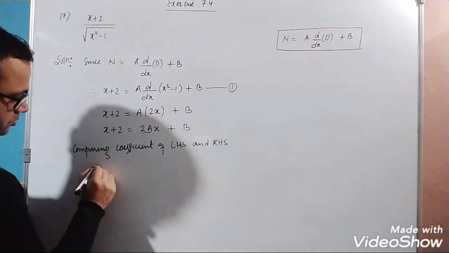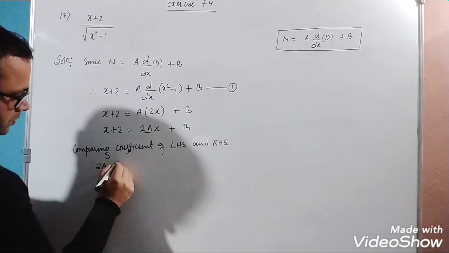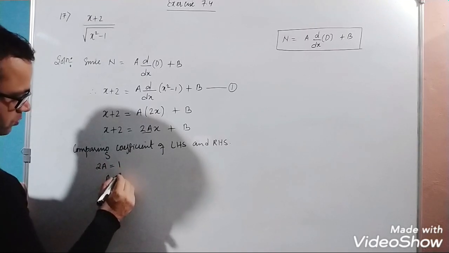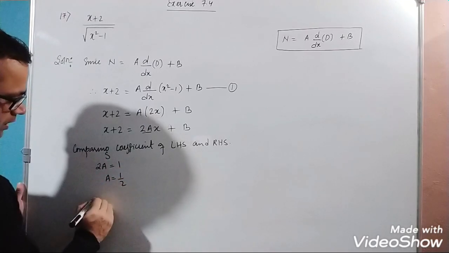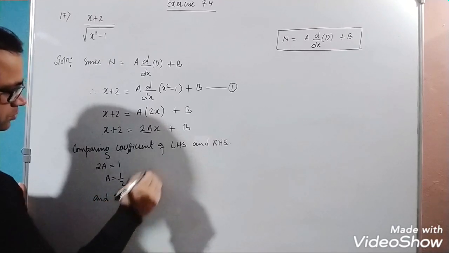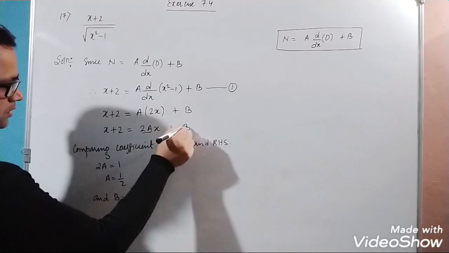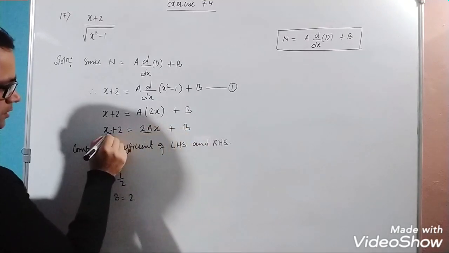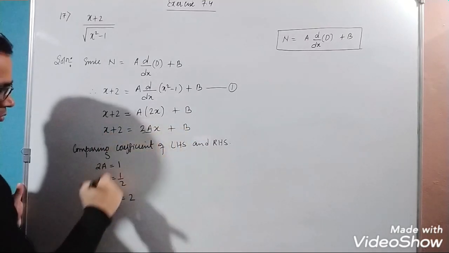So we write 2a equals 1, so a equals 1 by 2. And b equals 2, because on the right hand side there is b and on the left hand side the constant is 2.